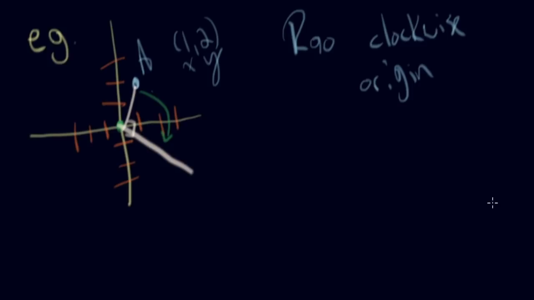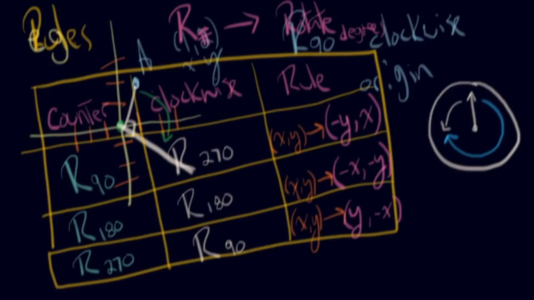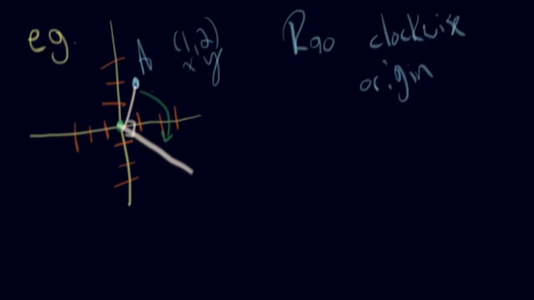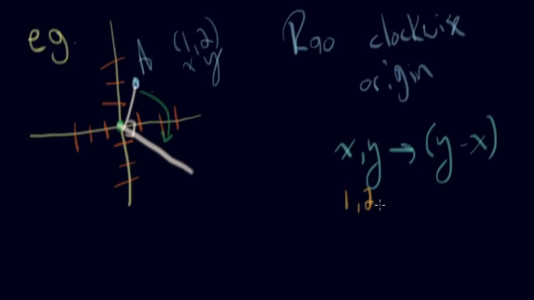Well, if we go back to our rules, there they are. It said if we go clockwise 90 degrees, then x, y becomes y, negative x. So remember our x, y was 1, comma 2.